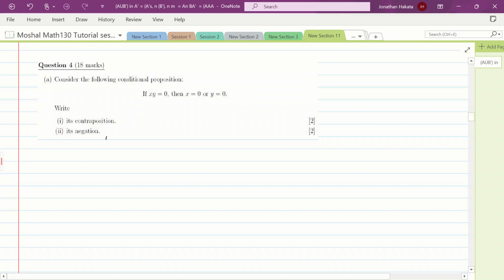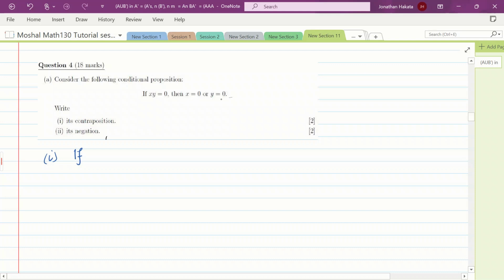Okay? Consider the following conditional proposition. If xy is equal to 0, then x is equal to 0 or y equal to 0. Write, number 1, its contraposition. Alright? So the contraposition opposes everything that is there.